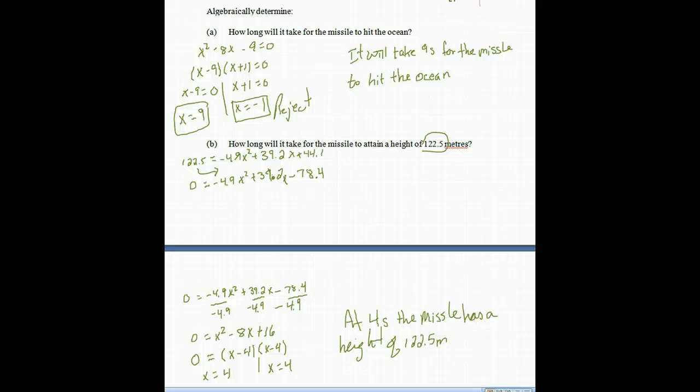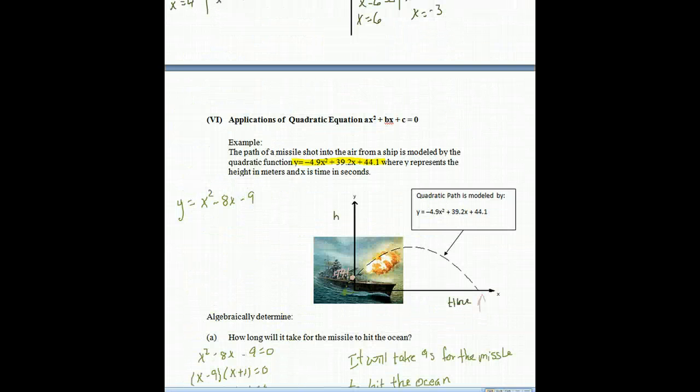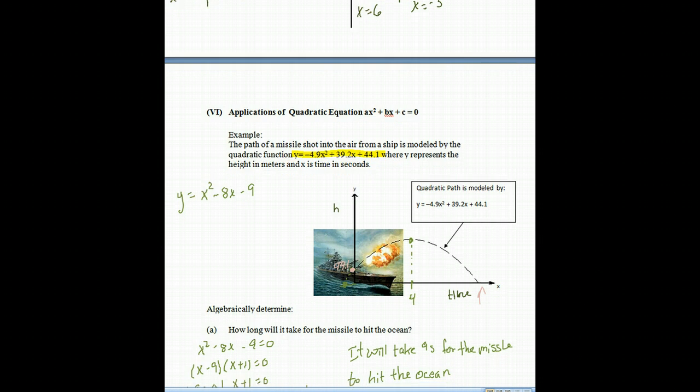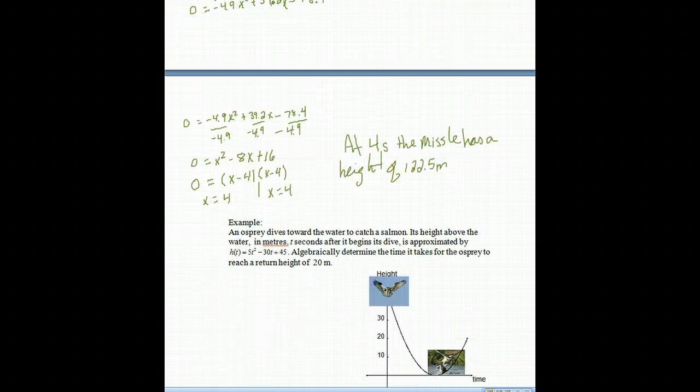So when it's a double answer like this, what we have is that it happens at our vertex at only one time. So it must be here at 4 seconds when you get a height of 122.5. And you should state your answer then here at the end of each of these questions.